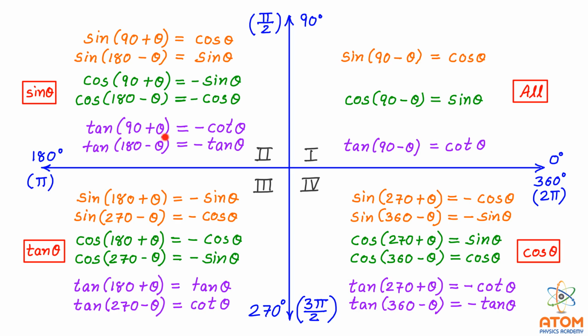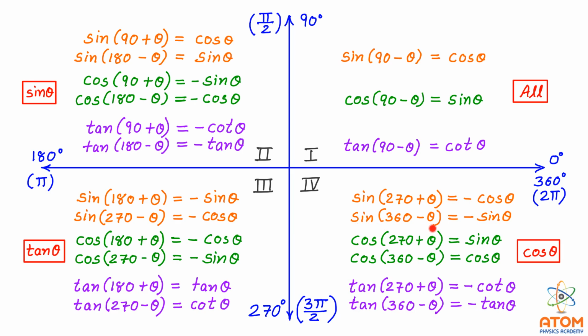This is tan(90 plus theta). When you say 90 plus theta, it is the second quadrant. In the second quadrant, the answer of sin is positive but tan is negative. So here the answer of tan will be negative, and because it is 90, obviously tan will be converted into cot. So here it is minus cot theta.